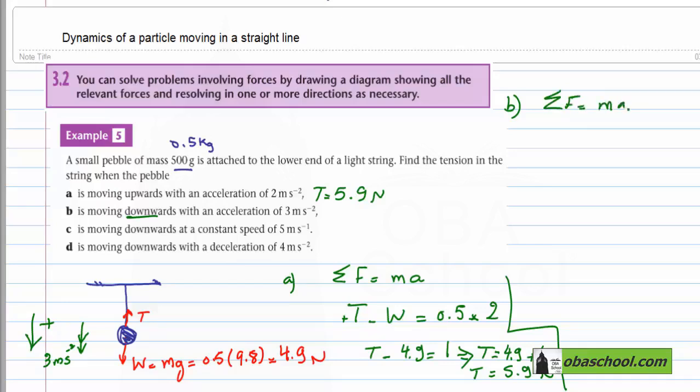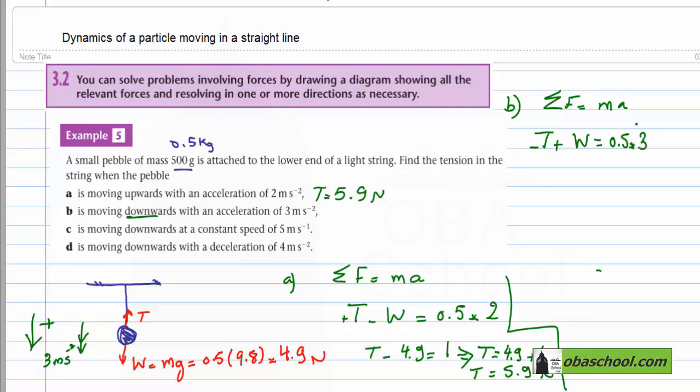Then what forces are applied along the y-axis? Again, there is the tension acting upwards, opposite to the positive direction, thus negative. There's the weight acting downwards in the positive direction, thus positive. So there it is, we have negative T plus W, that's equal to 0.5 multiplied by 3.